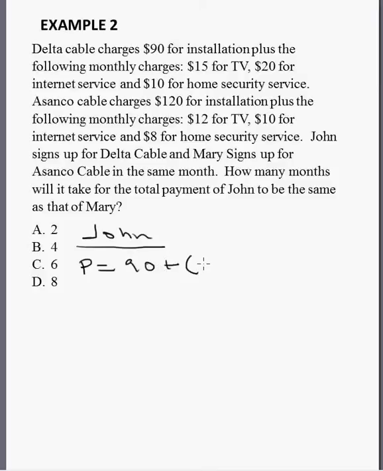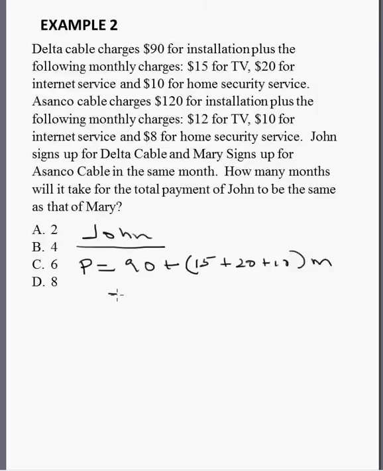So we are going to assume it will take M months for them to have the same payment, so we're going to represent it by M. At that point, John will pay $15 plus $20 plus $10 times M. So at the end of the M months, John has paid the initial payment plus all these monthly charges.